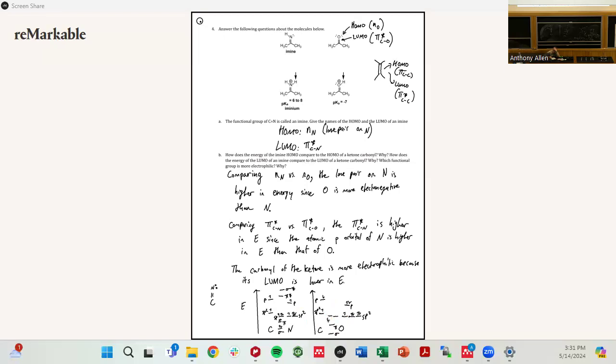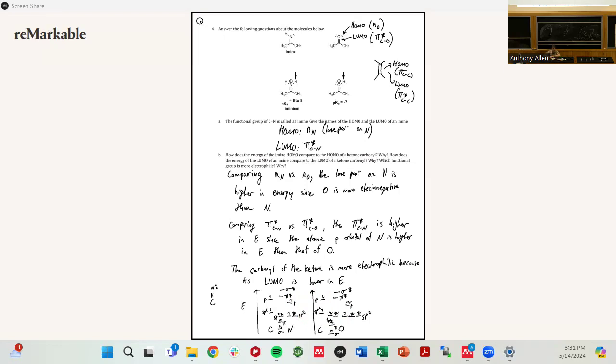Pi star needs to be lower in energy. It's pretty bad, sorry. And sigma star needs to be lower in energy. It's pretty terrible, but technically not needed for the answer.